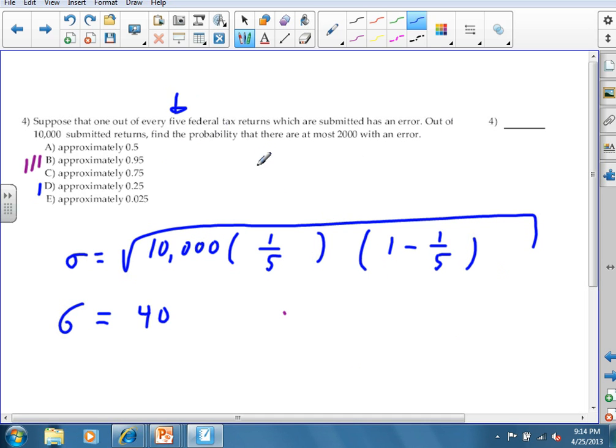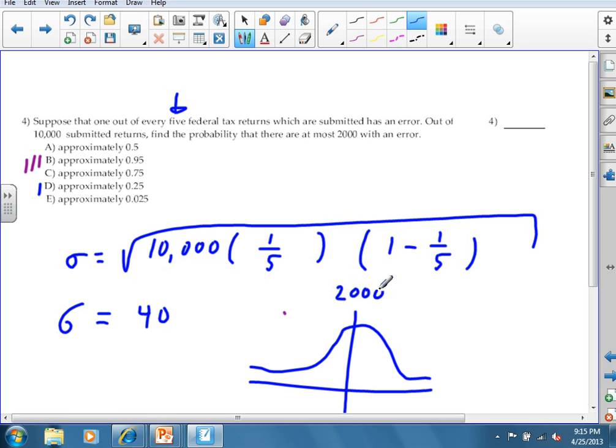Find the probability that there are at most 2,000. Okay, so here we go. There's our bell-shaped curve. Where's our mean? At 2,000. One standard deviation down would be 1,960, and 2,040 would be on the other end.